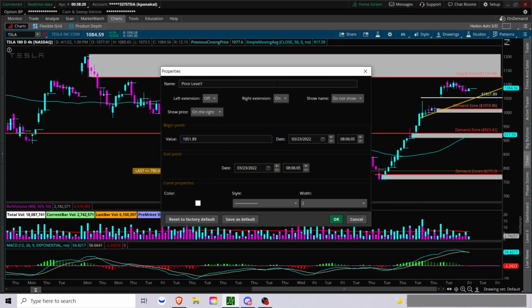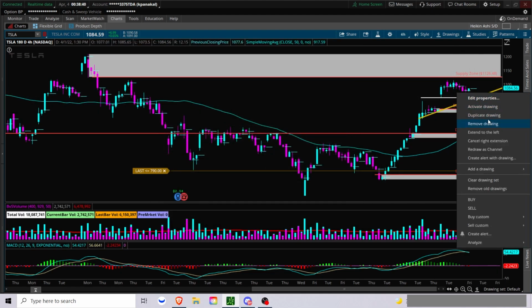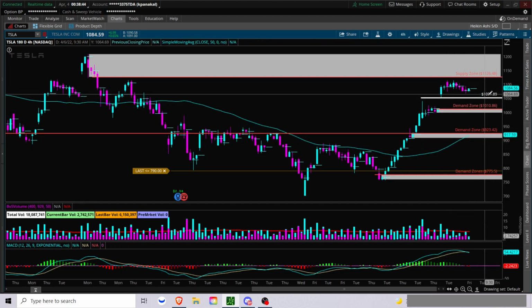We could possibly enter into puts right over here, if we break below $1,051.89.